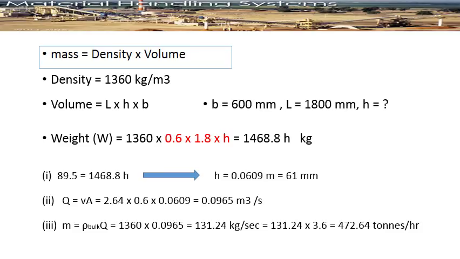So the density multiplied by the volume flow rate is going to be equal to 131.24 kilogram per second. To change this into tons per hour, we multiply it by 3.6, and we are going to find 472.64 tons per hour, which is more than the 460 required for the design.